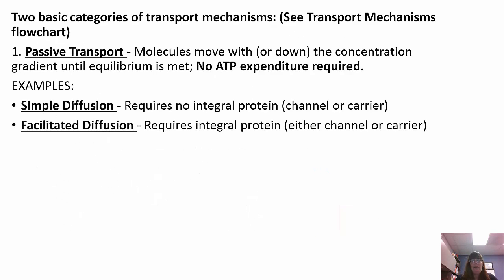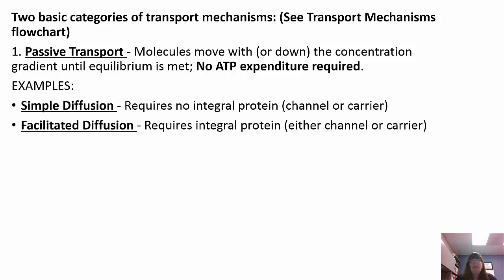So we have 2 basic categories of transport. Passive transport. Molecules are moving with or down the concentration gradient until equilibrium is met. It does not require ATP, so it's passive. If you think of when you're active, you're using energy, so active transport requires ATP. Passive then does not.